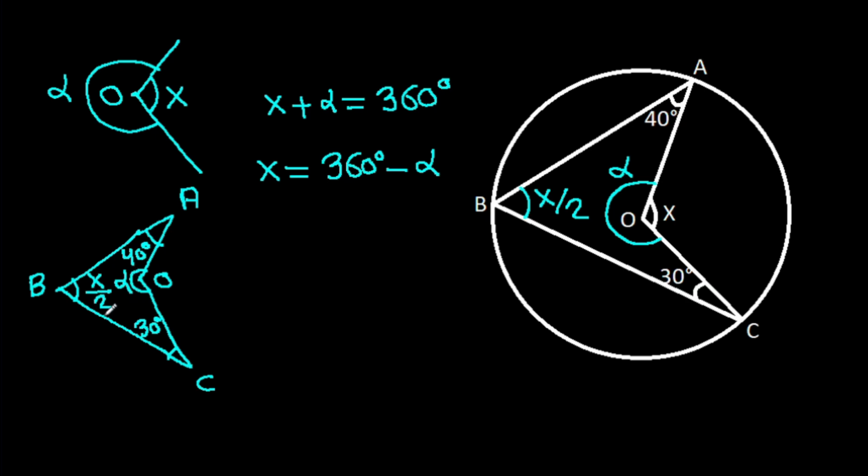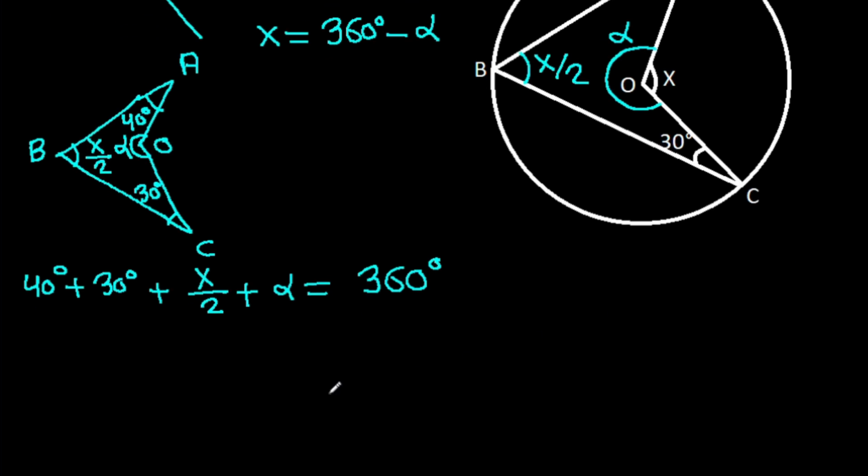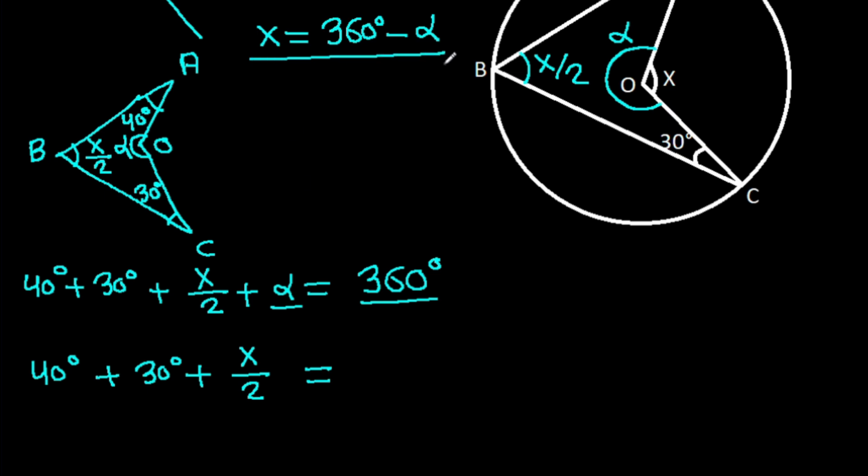So the sum of all angles, 40 degrees plus 30 degrees plus x over 2 plus alpha, will be 360 degrees, and 40 degrees plus 30 degrees plus x over 2 will be 360 degrees minus alpha, that is x.